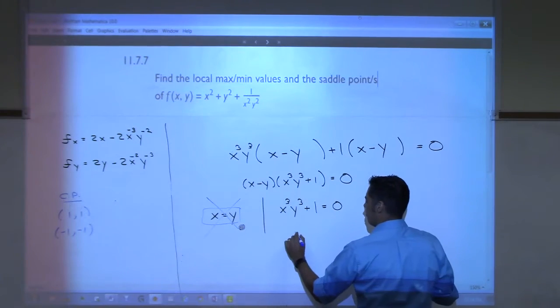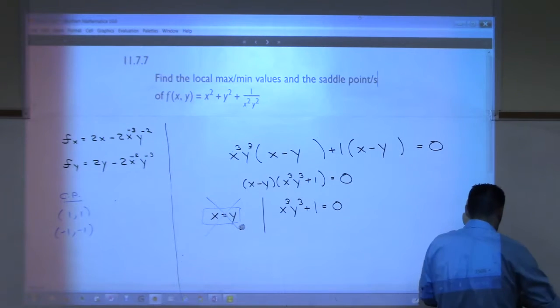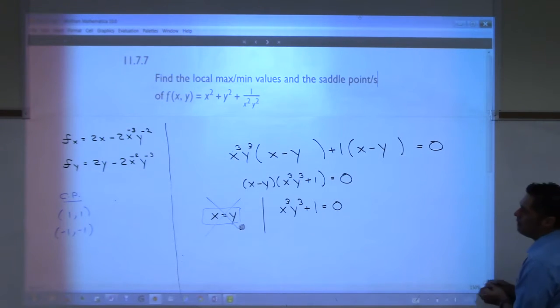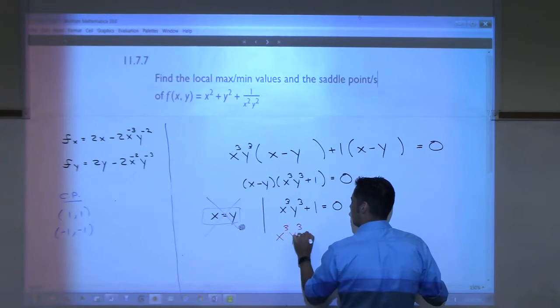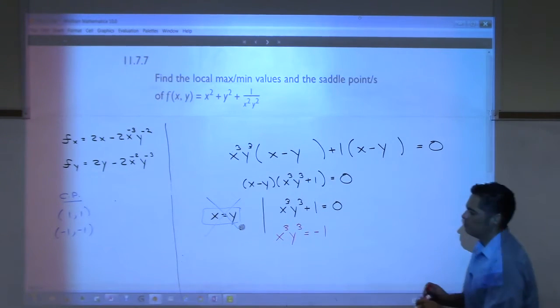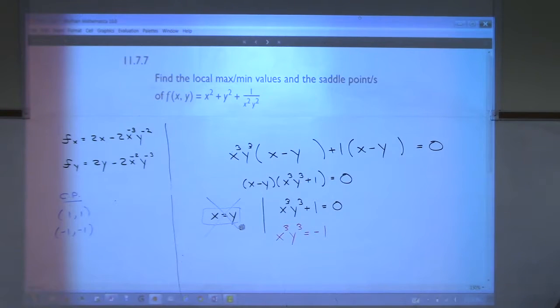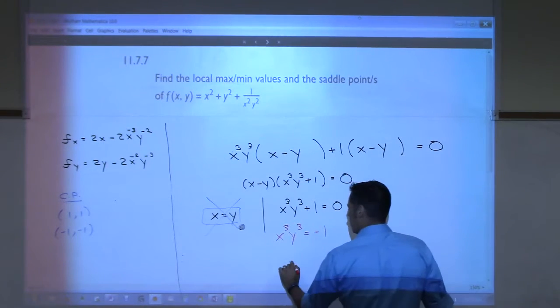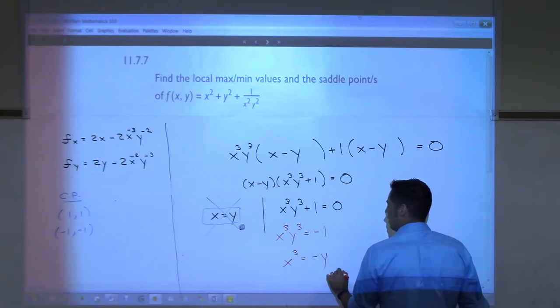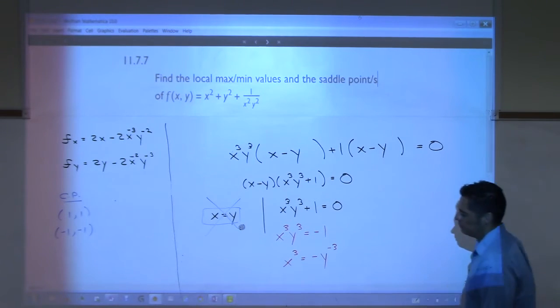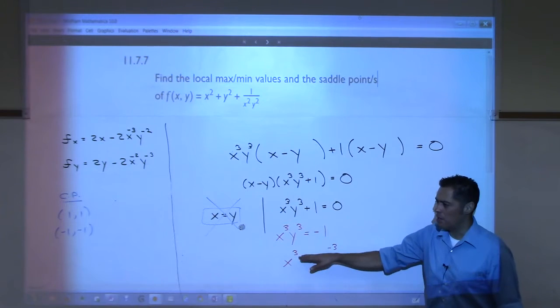Okay, is this true that if I'm using that one, that this now looks like x cubed y cubed equals negative 1, right? So I can say x cubed equals negative y to the negative 3. So I just divided both sides by y cubed.